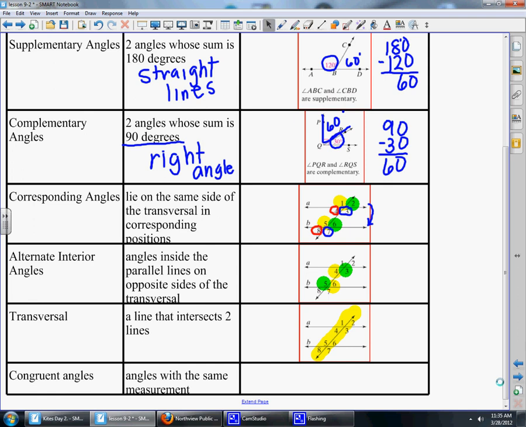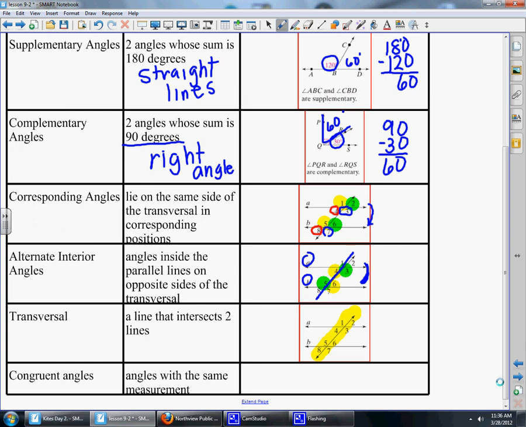Now, alternate interior angles are angles inside the parallel lines on opposite sides of the transversal. So we have a parallel line here, line A, and then a parallel line here. And then this here is the transversal that cuts through those parallel lines. So alternate interior angles. So we're looking inside the parallel lines. So we're looking in this region here, in between the two parallel lines.